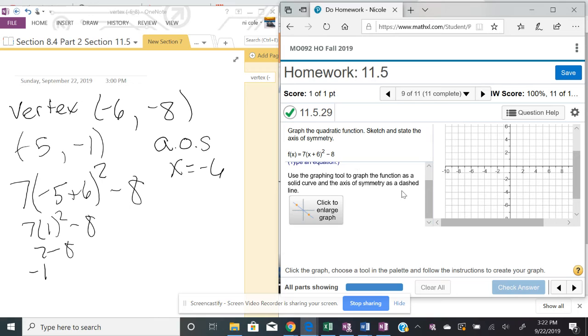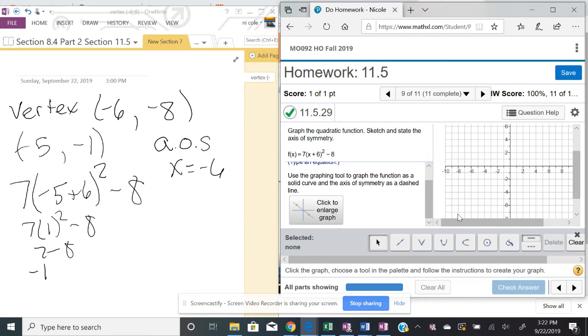Okay, now use the graphing tool to graph the function as a solid curve and the axis of symmetry as a dashed line. So here I come in. I need to use this vertical parabola tool to graph my parabola. So I'm going to come here to -6, -8.